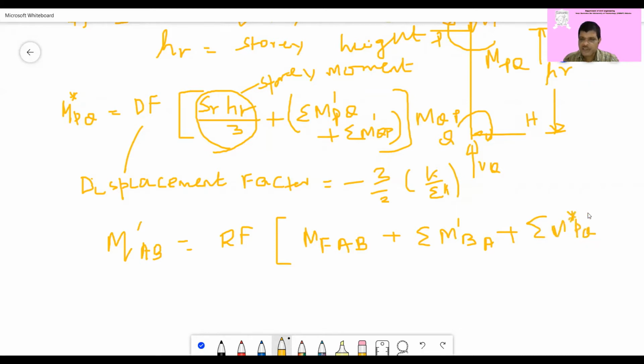So there will be a rotation contribution plus a displacement contribution. Both will come into the picture now. So we'll solve an example problem and discuss it. Let us go to the example.